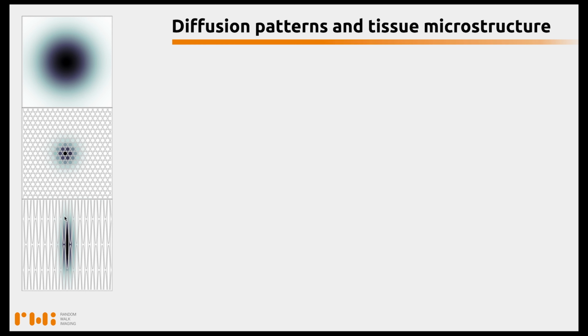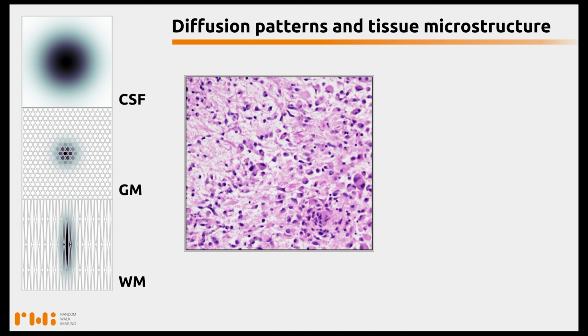And here, if you have these elongated cells as obstacles, then you see that the diffusion pattern gets reshaped to fit the anisotropy of the underlying cells. In the brain, these relate to white matter, gray matter in a simplified manner, and CSF, cerebrospinal fluid. In this cellular profile of a glioma, you see that the cells are roughly isotropic and they only vary in terms of cell density.